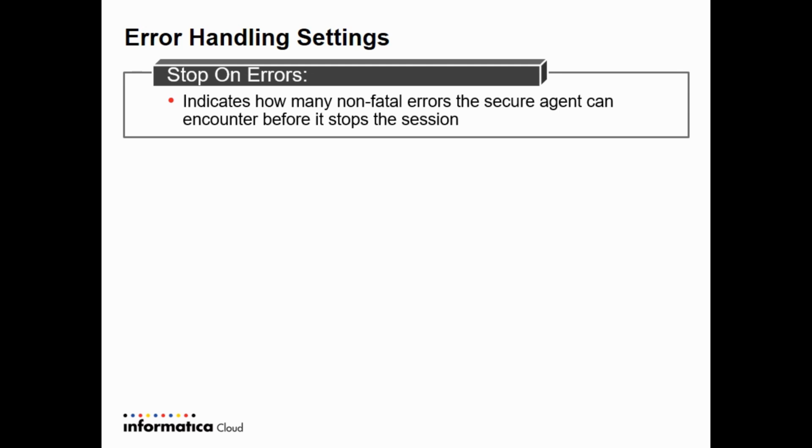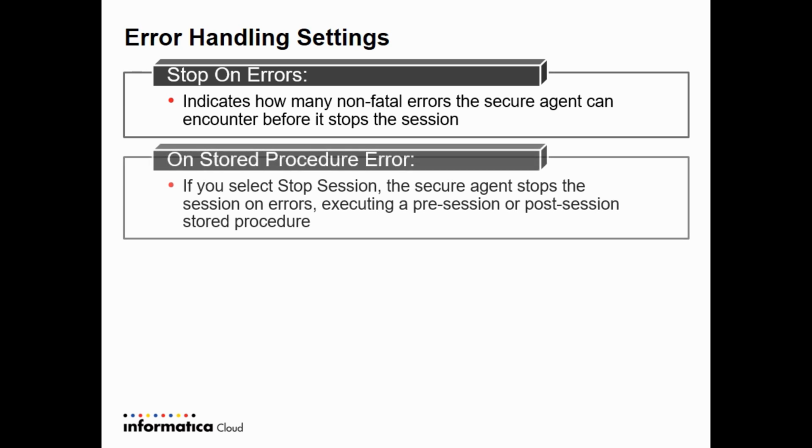Stop on errors indicates how many non-fatal errors a secure agent can encounter before it stops the session. If it is set to 0, then the secure agent stops as soon as it encounters an error. On stored procedure error, if you select stop session, secure agent stops the session on errors executing a pre-session or post-session stored procedure.